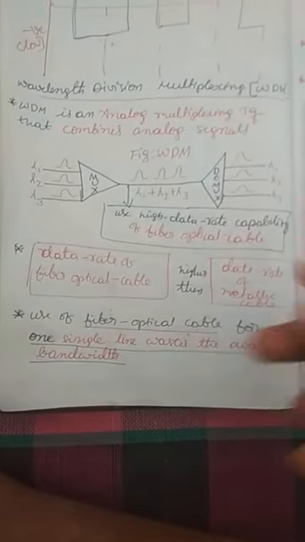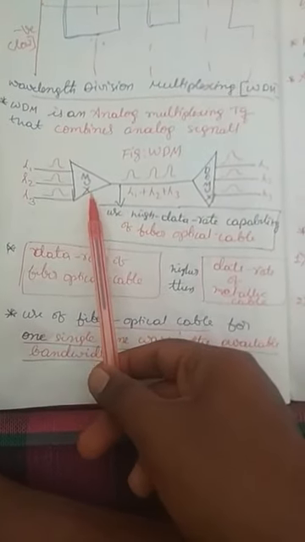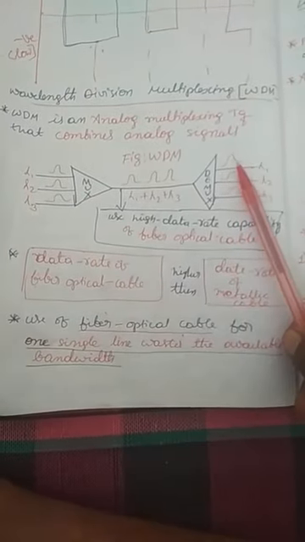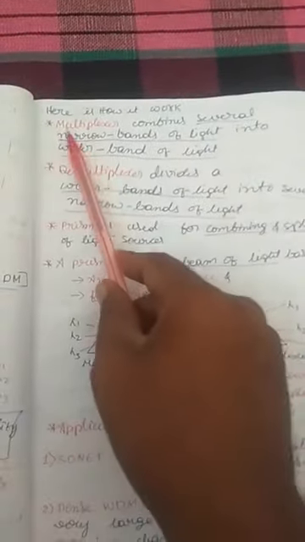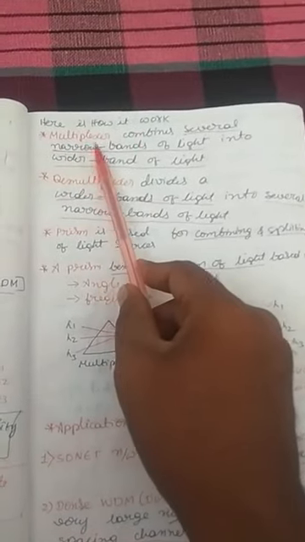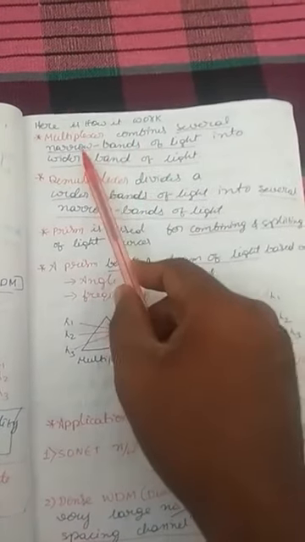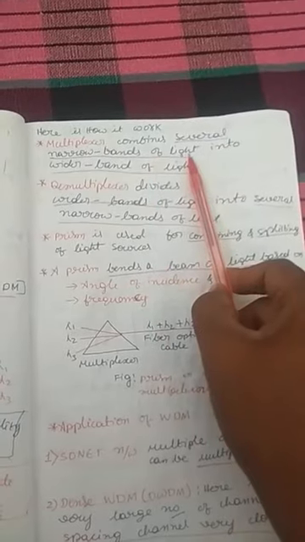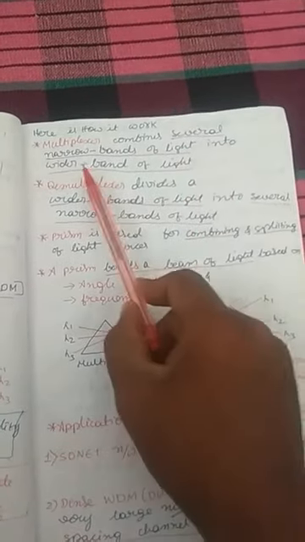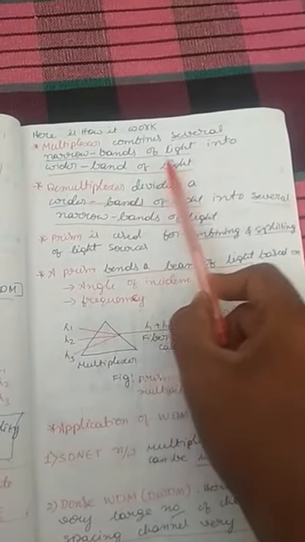Now shall we discuss how MUX and DEMUX will work. MUX means multiplexer, DEMUX means demultiplexer. The multiplexer combines several narrow bands of light into a wider band of light.